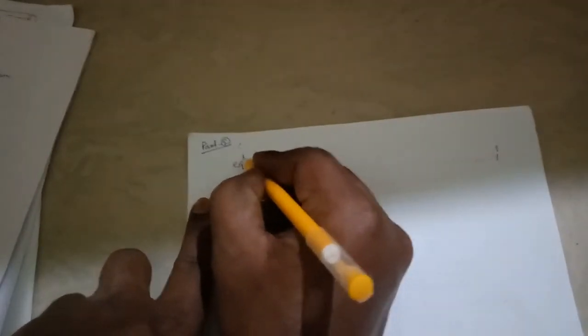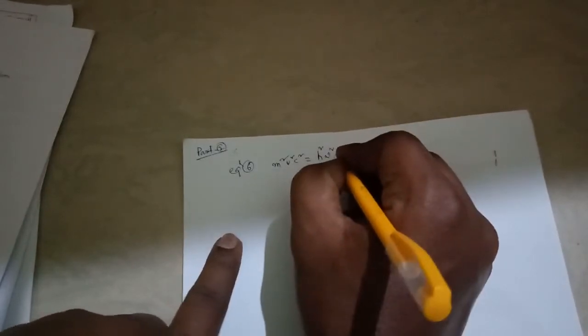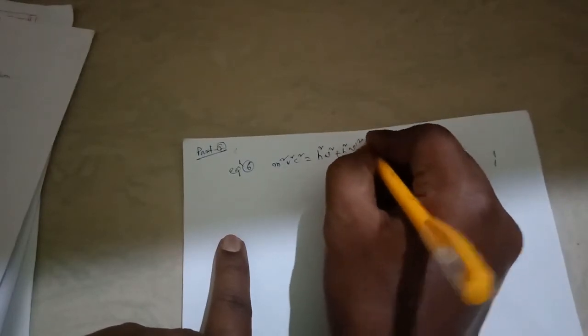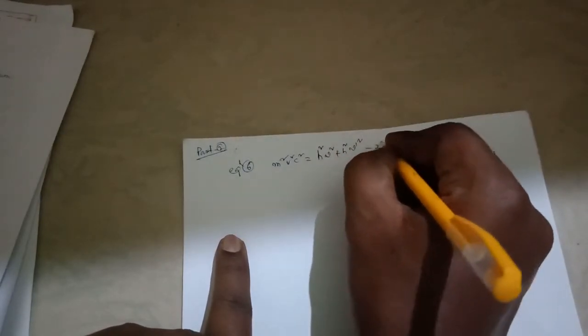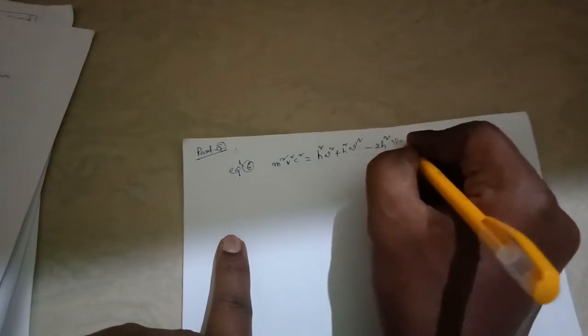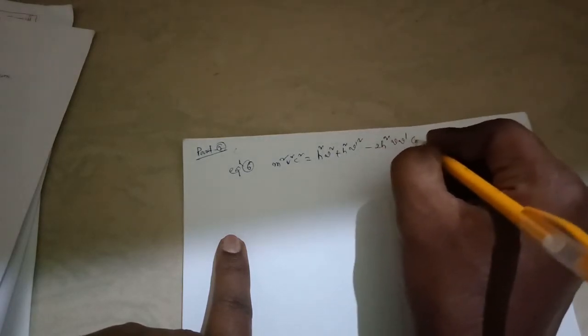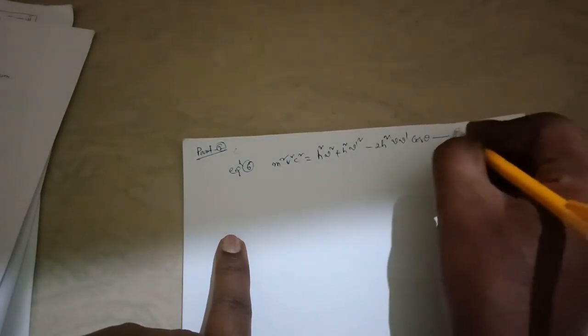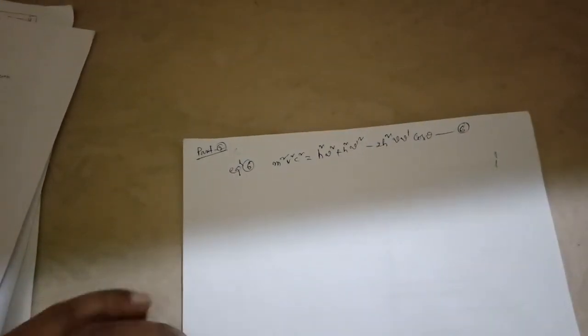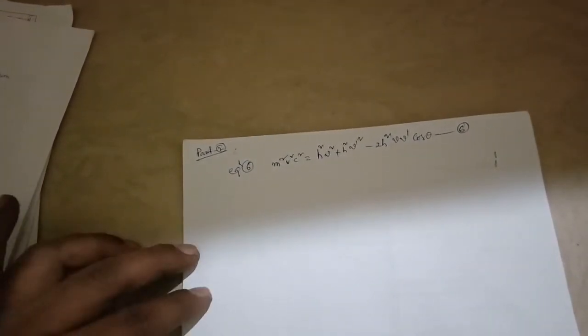Equation 6 is m square v square c square is equal to h square mu square plus h square mu dash square minus 2h square mu mu dash cos theta. Let us consider this as equation 6.